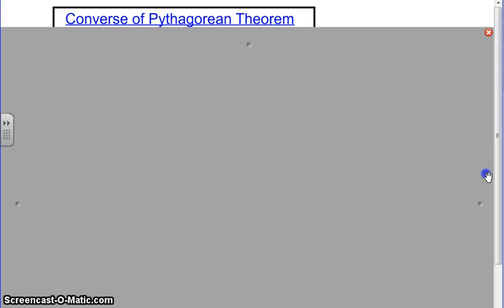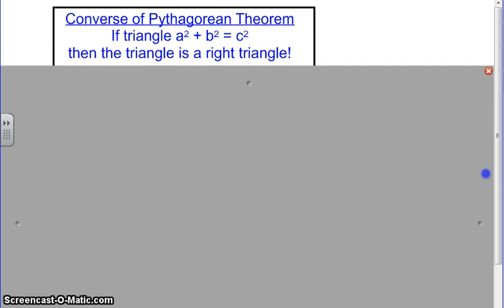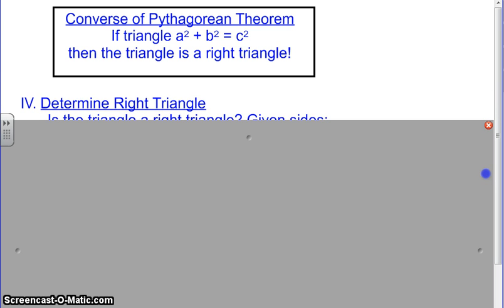Now wait a minute. The original Pythagorean theorem says, if I have a right triangle, then a squared plus b squared equals c squared. So if I switch that, then if a squared plus b squared equals c squared, then I have what? A right triangle. This is a way to prove you have a right triangle, see? The Pythagorean theorem and its converse are both true statements.